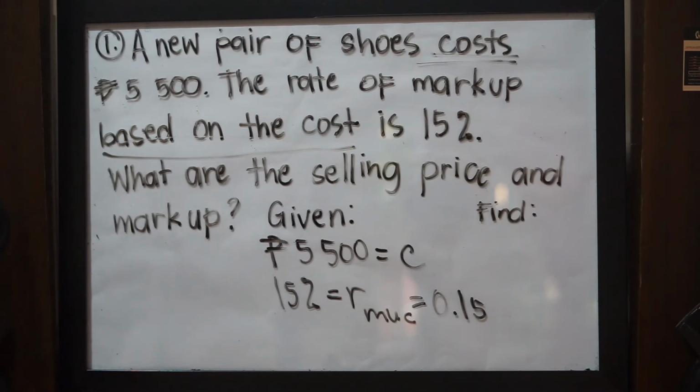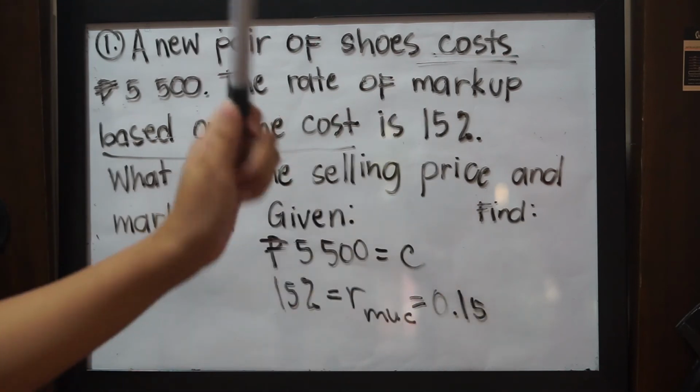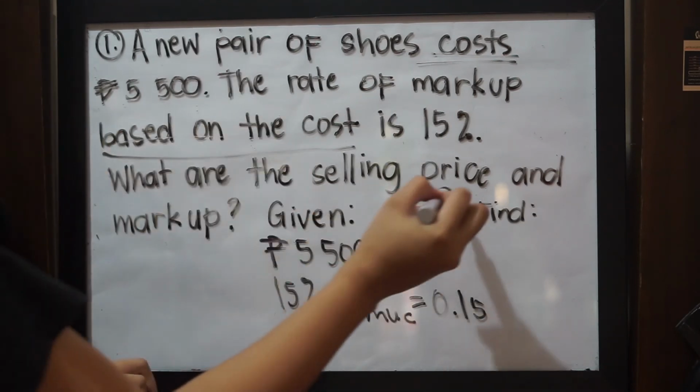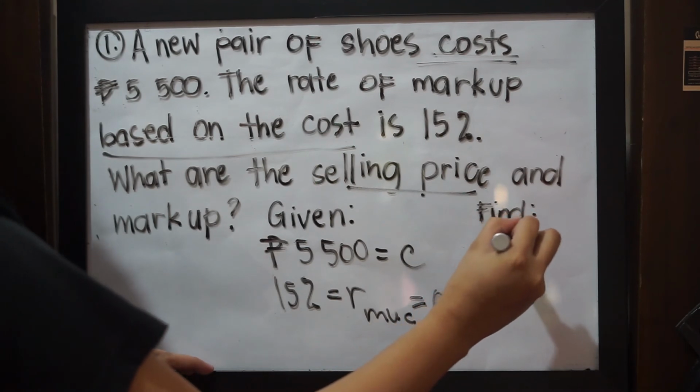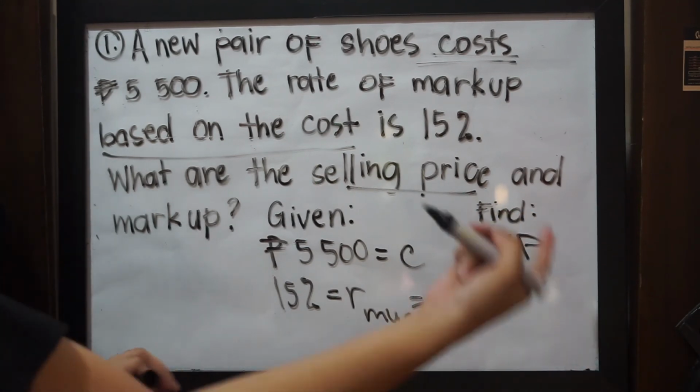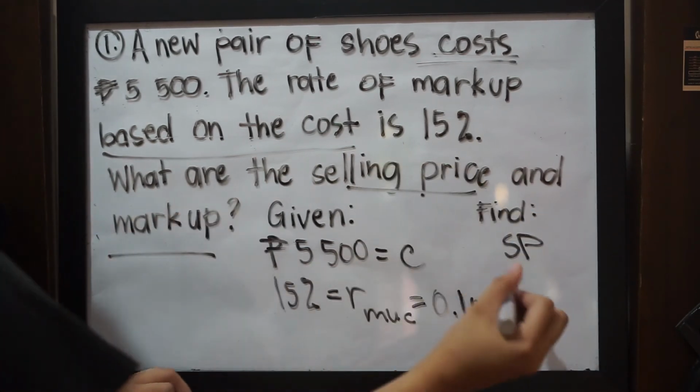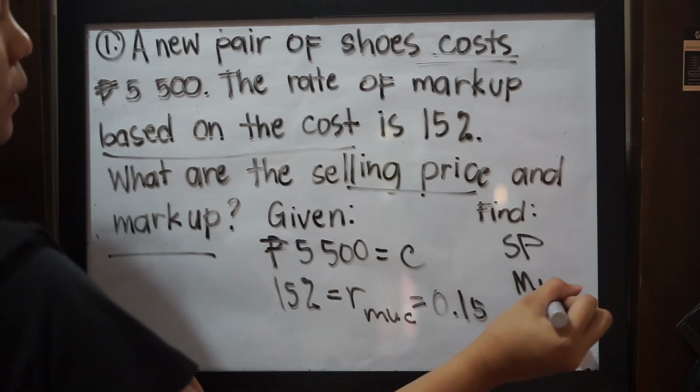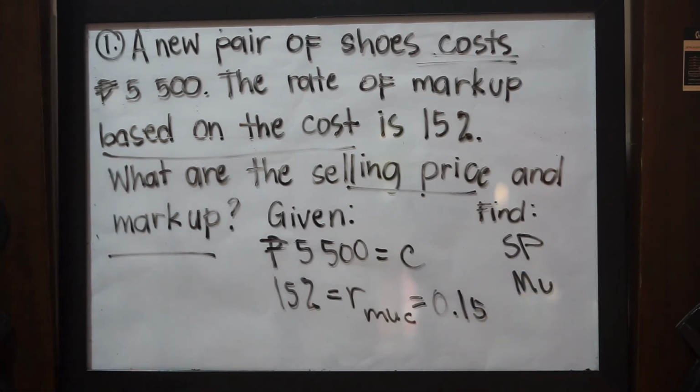Next, what is the unknown for this problem? The question asks for what are the selling price and markup. So, we have to look for the selling price, SP, and then markup, MU. Again, you can use abbreviations po. No need to spell out. Naiintindihan na natin yun.